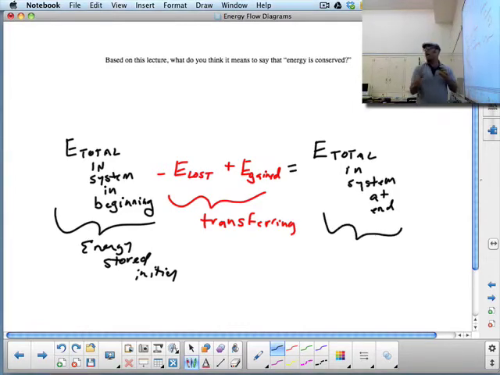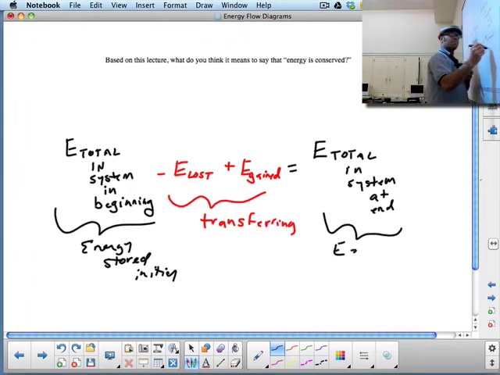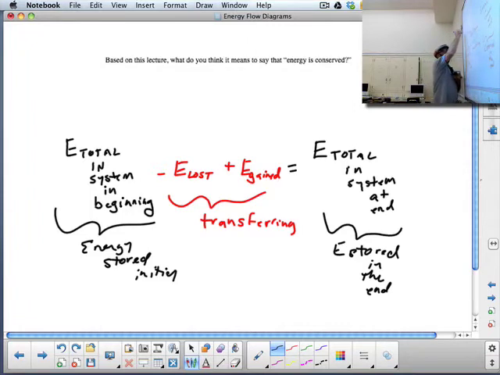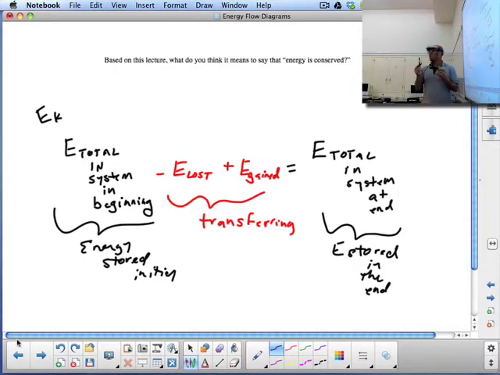So the ones in black, what are the three possibilities we just talked about? Okay, give me one of them. E kinetic. You guys mind if I use these symbols? Make life easier. E kinetic for energy stored in the motion of your system.